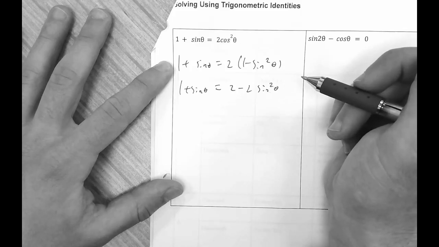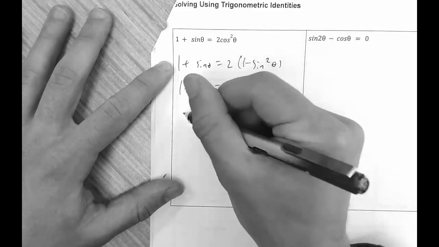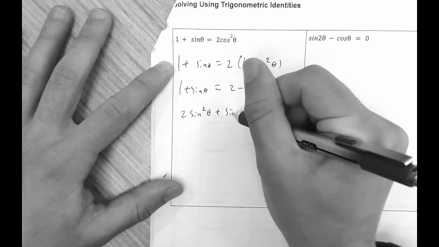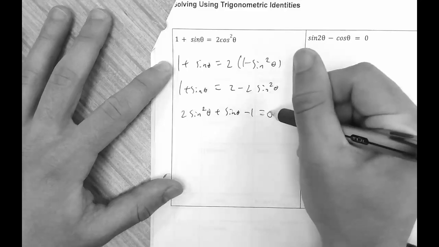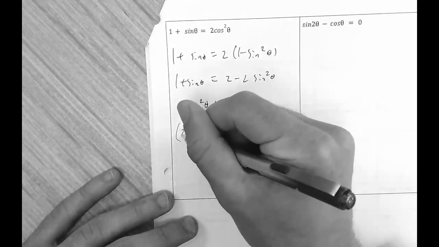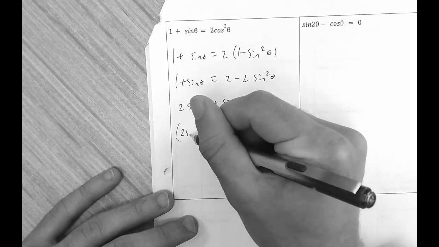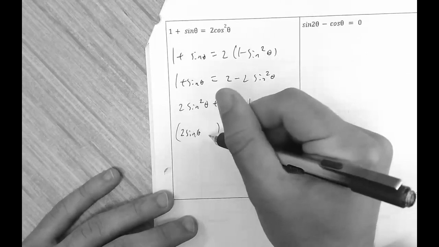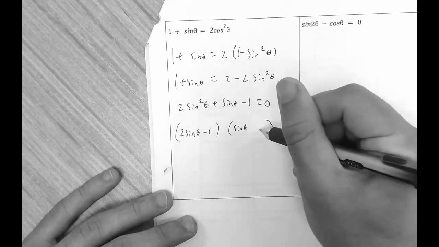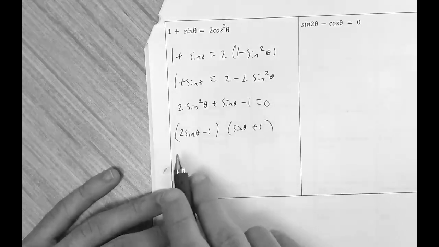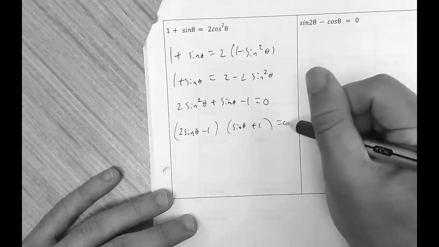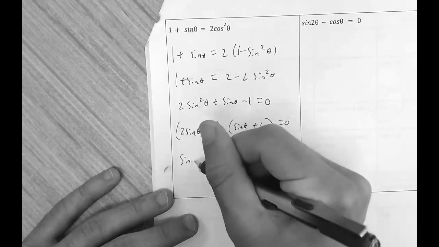And we would get 2 sine squared theta plus sine theta minus 1 equals 0. Let's factor this. We're going to get 2 sine theta minus 1, and then sine theta plus 1, right? This will multiply to get a negative 1, and this will add to get the 1, and then we're all good, right? This equals 0, so we set those equal to 0 individually.